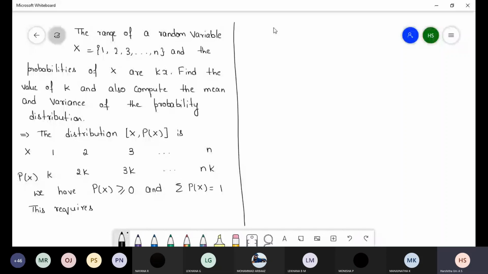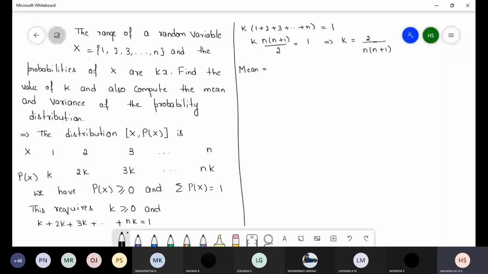What is the formula for the sum of all the numbers? The mean is summation of xi into p of xi. So here x into p of x. So k plus, here I write 2 square into k, 3 square into k, at the end n square into k.